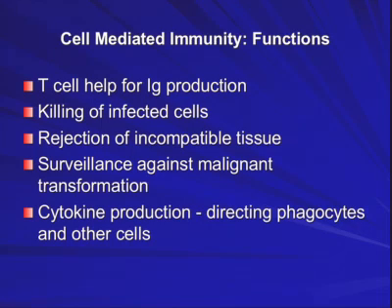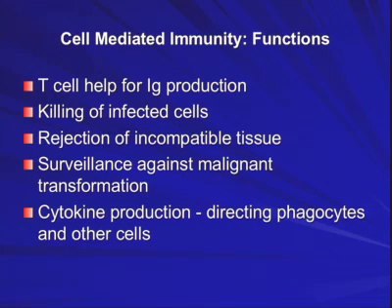Well, they provide help for immunoglobulin production with cytokines and with that interaction between the helper T cells and the B lymphocytes. They also kill virally or fungally or intracellularly infected cells. They can recognize altered self and kill it so that it doesn't spread to the rest of the cells.